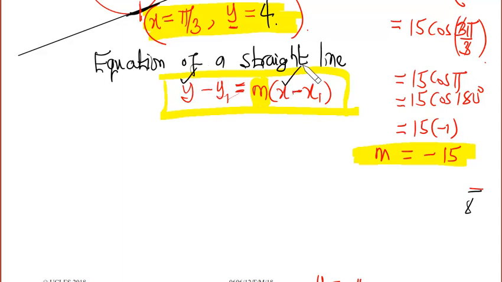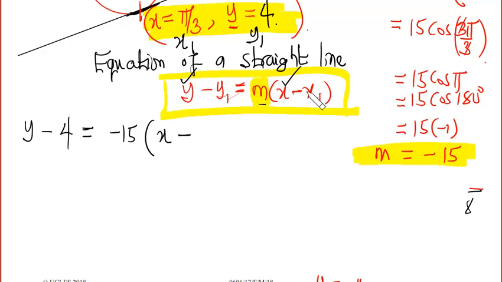So there won't be a substitution for y and x. We only substitute for other parameters in the equation. So here, this automatically serves as x1. Then the next coordinate here serves as y1. Now we have y, no substitution for y, minus y1, which is 4, equals the gradient, minus 15, into x minus x1, which is pi over 3.